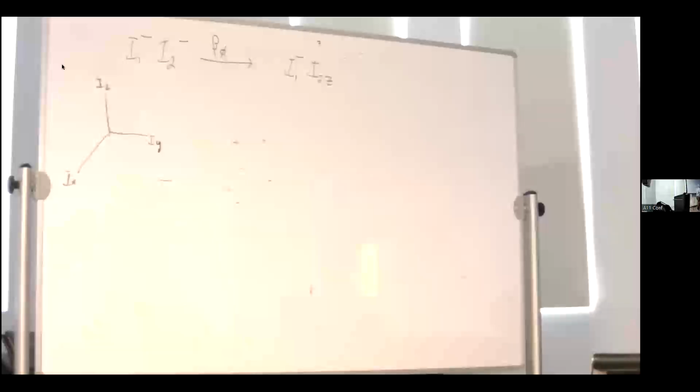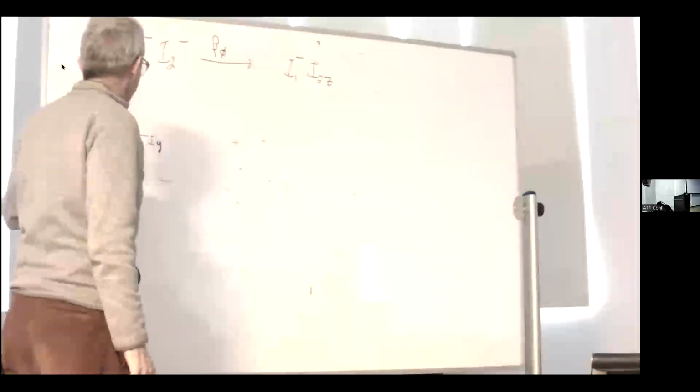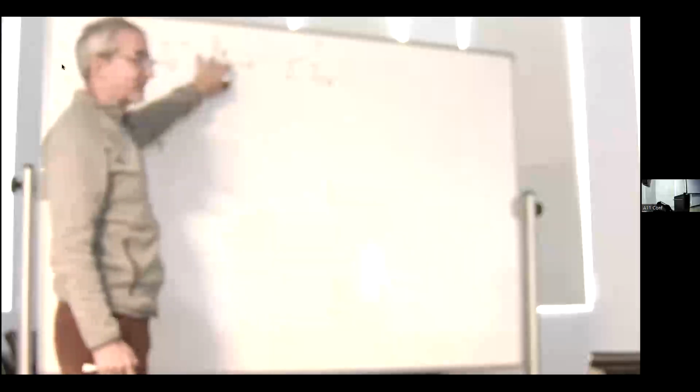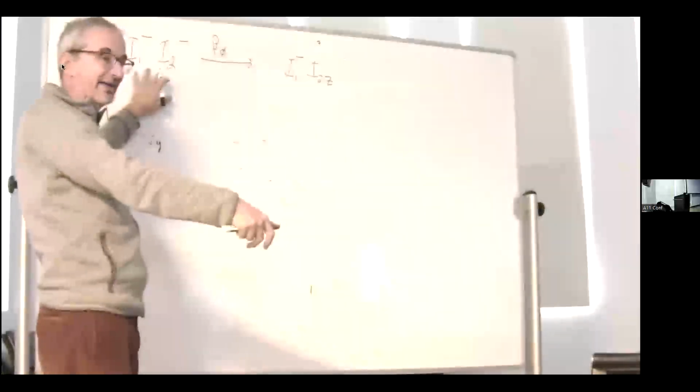So if we imagine that we have I minus and I plus, and we want to apply this phase, the first thing we could do is rotate both of these operators around Z by minus phi.